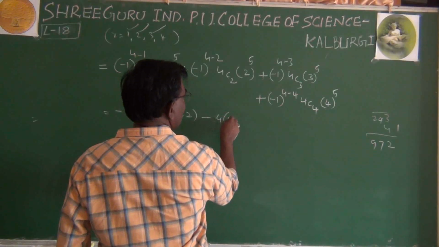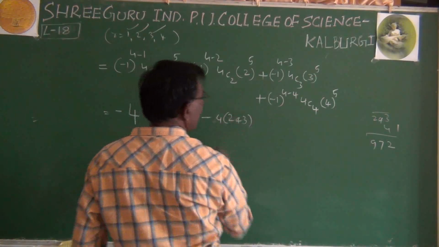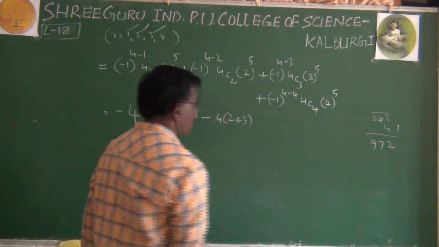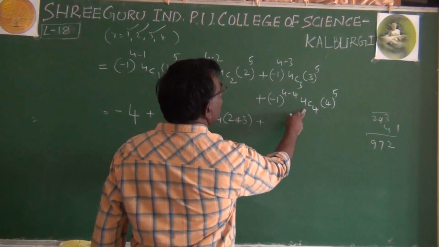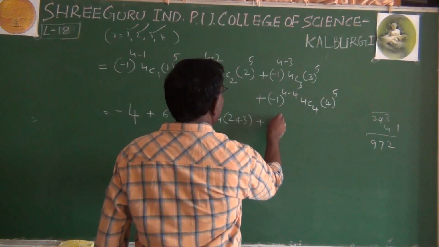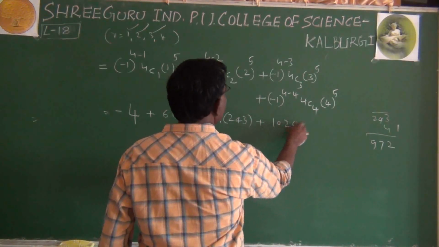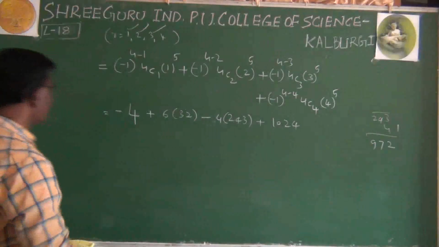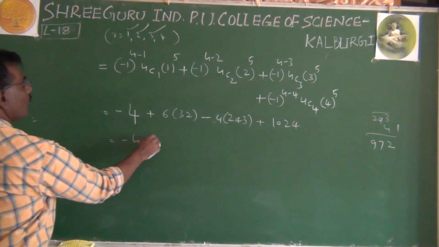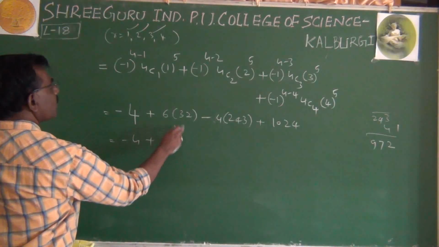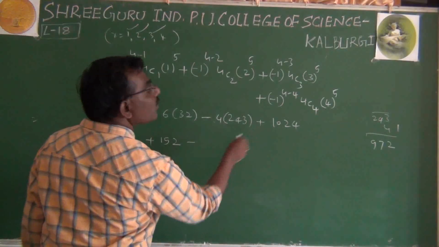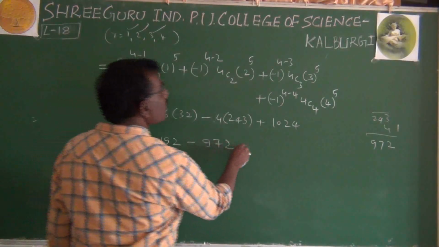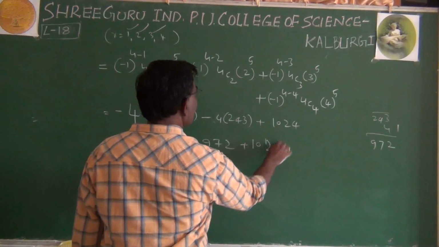Now the even power gives 1, and 4 to the power 5 is 1024. Now calculate minus 4, 6 into 32 is 192, minus 972, plus 1024.